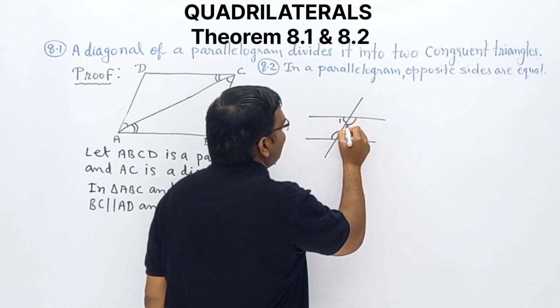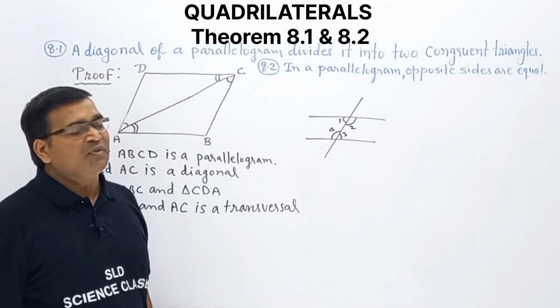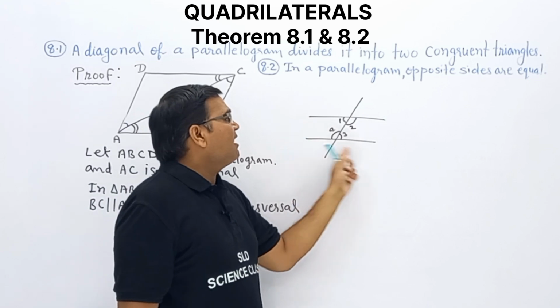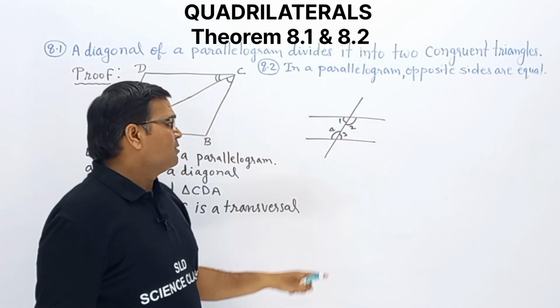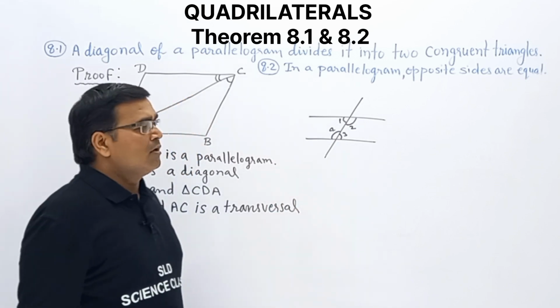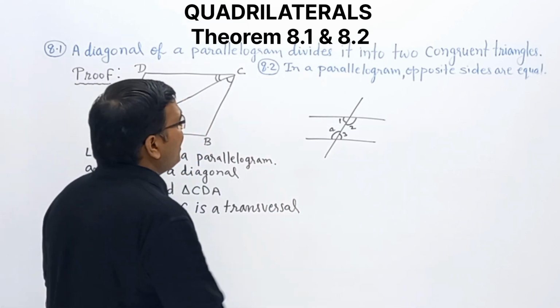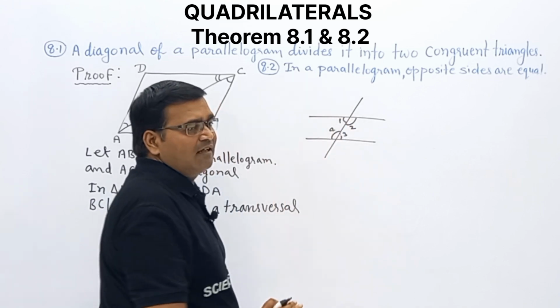These four angles, 1, 2, 3, 4, are what? Interior angles. Two lines are parallel and one transversal is cutting both lines, then we get four interior angles.